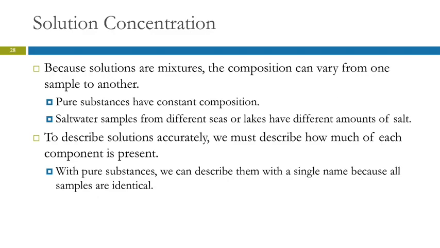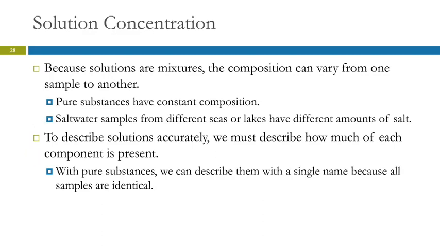Solutions are mixtures, and mixtures have variable composition. You could put 1 teaspoon of salt in, you could put 3 teaspoons of salt in the water, right? It's still a solution. It's not a compound where you have a fixed proportion. Pure substances have constant composition. These mixtures can have variable composition.